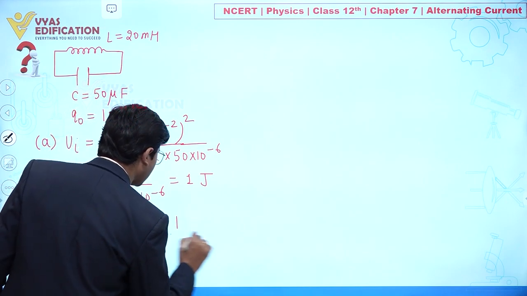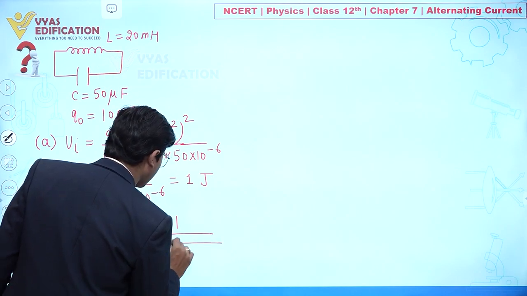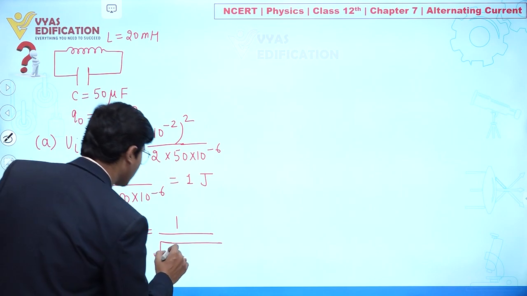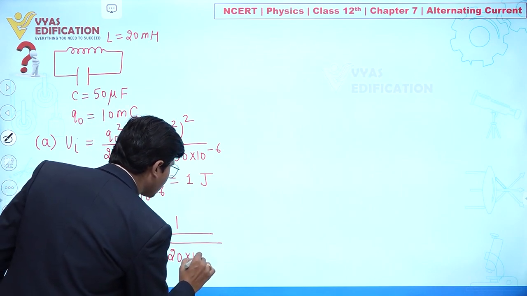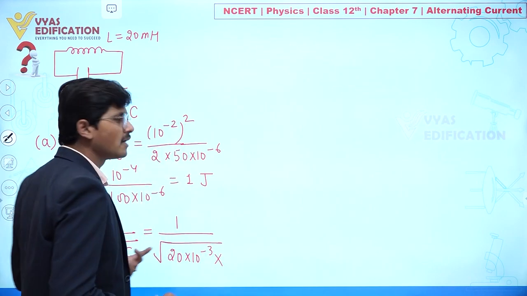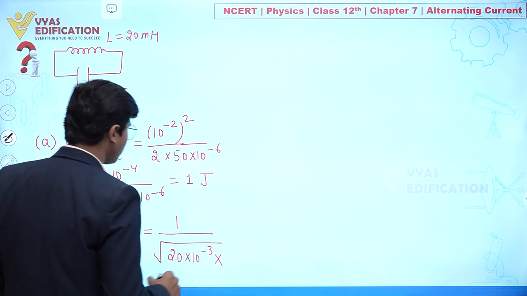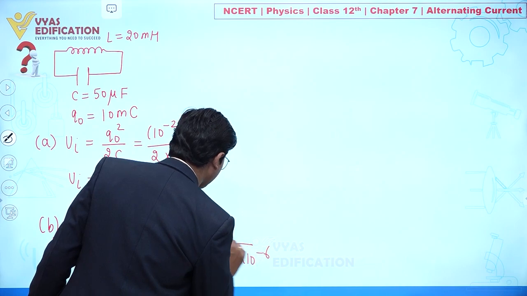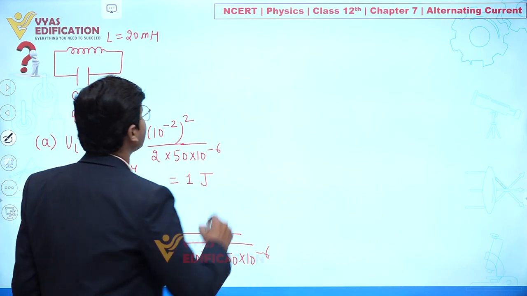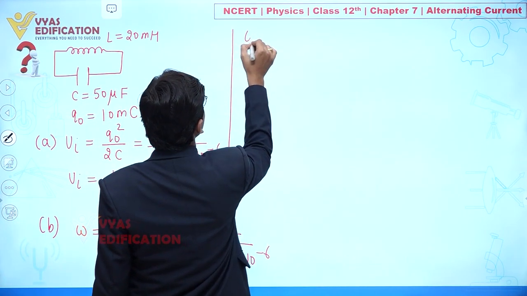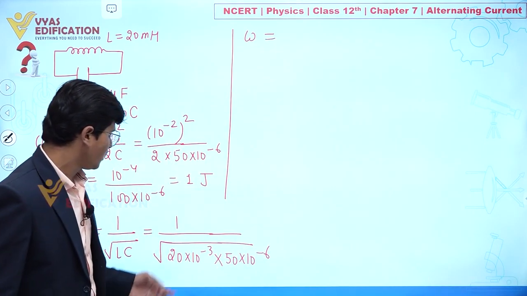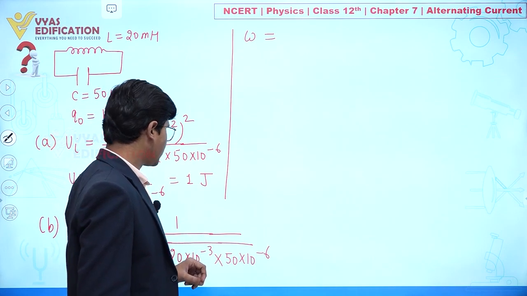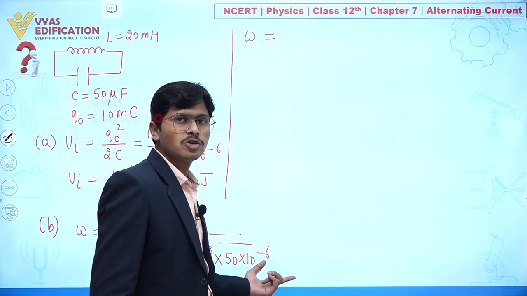So we can write this as 1 divided by under root of L, which is 20 millihenry, so 20 into 10 to the power minus 3, multiplied by C, which is 50 microfarad, so 50 into 10 to the power minus 6, clear? So from here the value of omega is given by 20 multiplied by 50, this is 1000, and this cancels out, and finally this is 10 to the power minus 6.